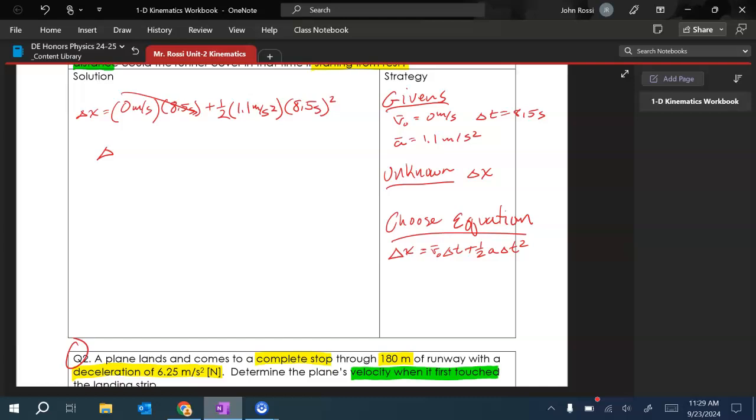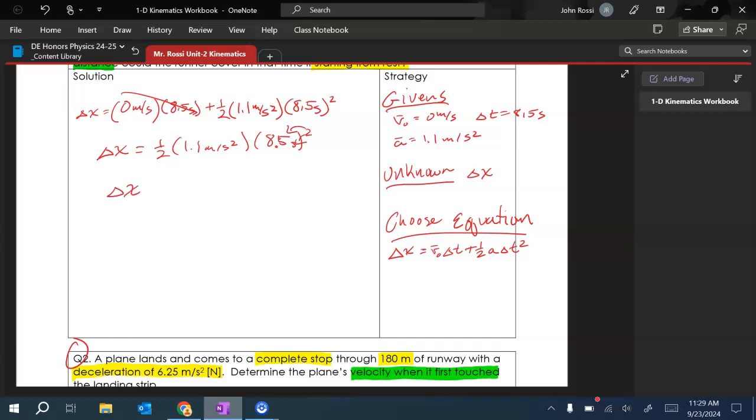So delta x is going to be 1/2 of 1.1 meters per second squared times 8.5 seconds squared. You square the actual magnitude and you square the unit too. That's going to help us when we're doing our final unit analysis.